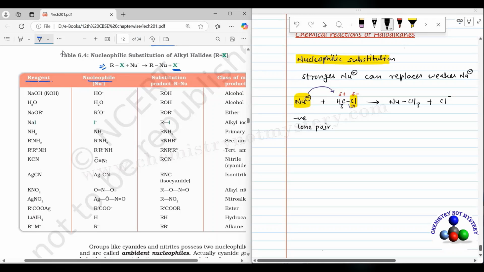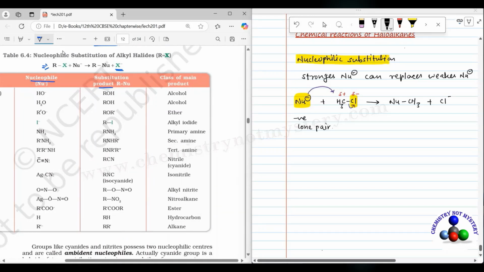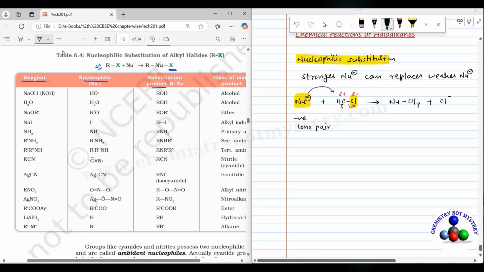In the third column, the product of the reaction is given. And in the last column, the class of product is given, meaning the functional group is given.